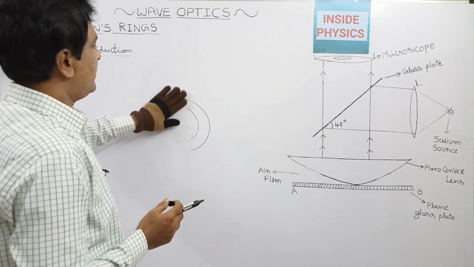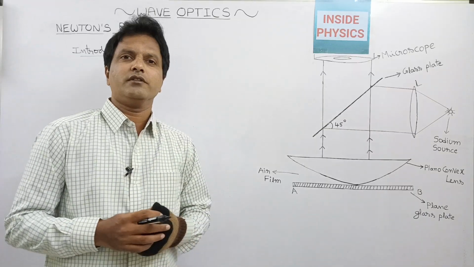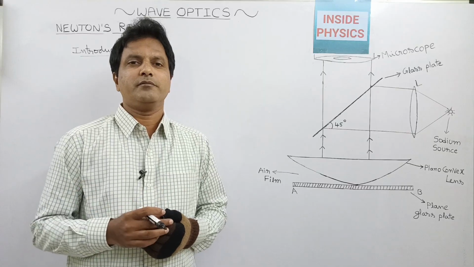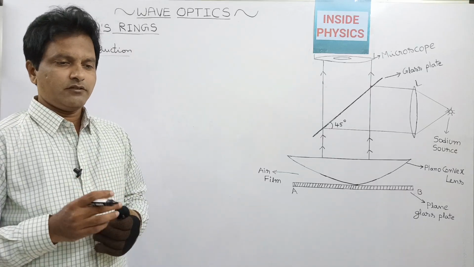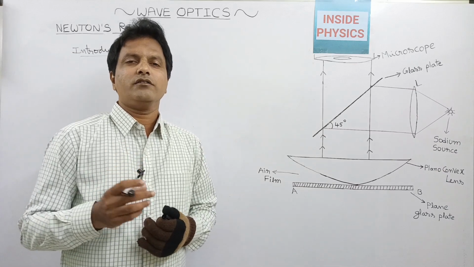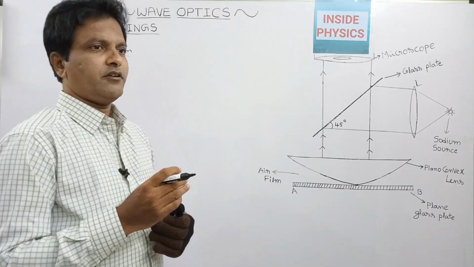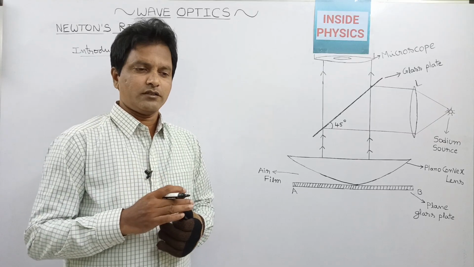The theory behind this was first observed by Newton when he was doing some experiments on light passing through different mediums. He observed that there is a pattern of rings when light passes through thin films, like a thin film of air or glass or some liquid.